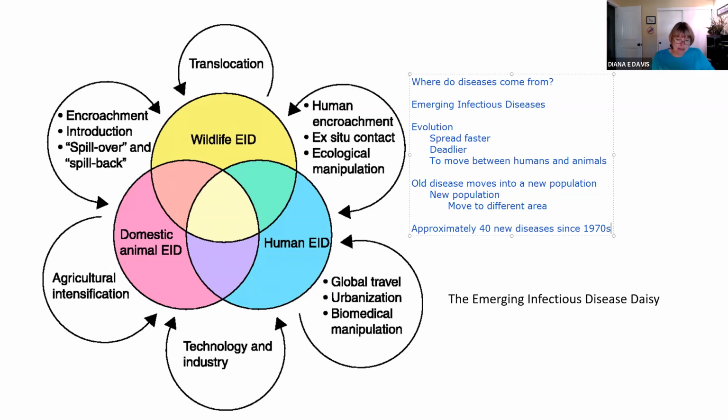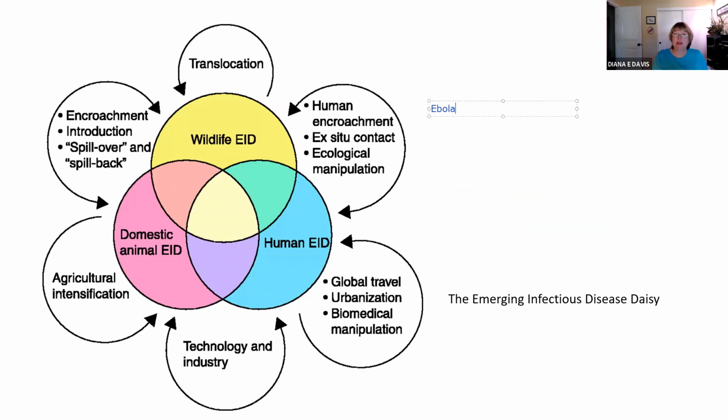These diseases sometimes do not spread wildly. In fact, it's common that they don't spread wildly. Ebola, we have outbreaks, but it's generally restricted to a specific area. I'm going to clear this for a second. So Ebola, we know there is an animal reservoir.